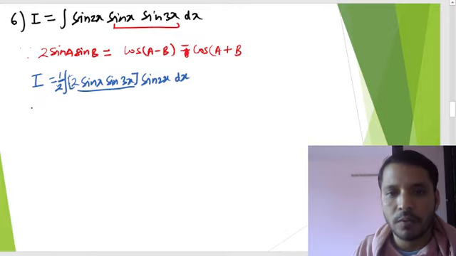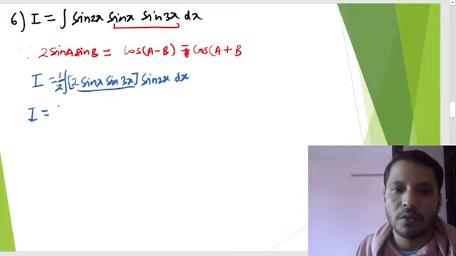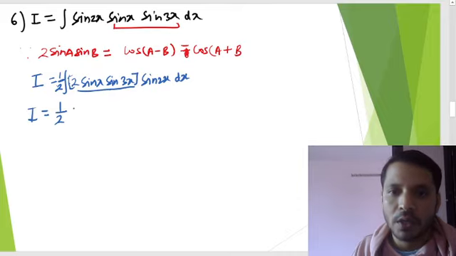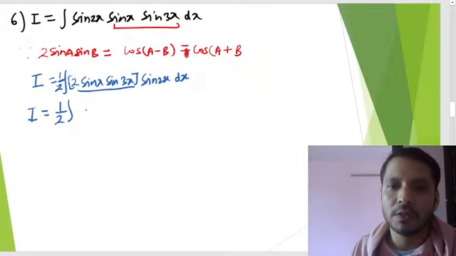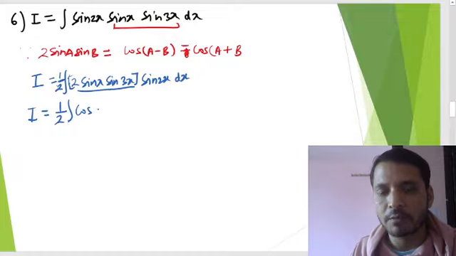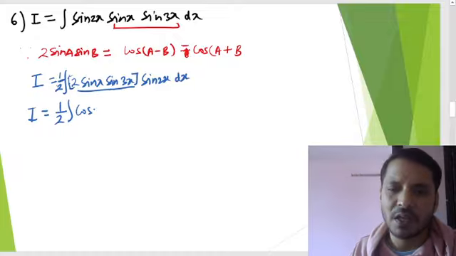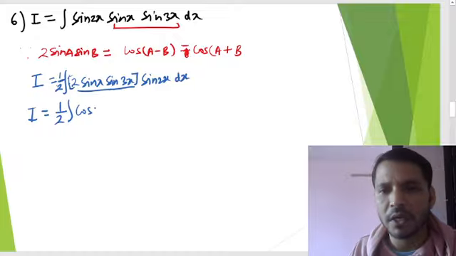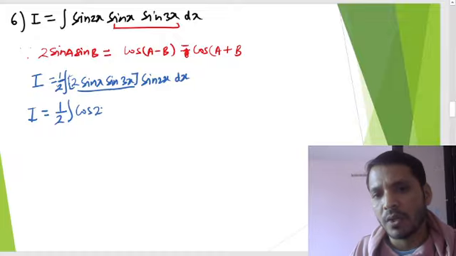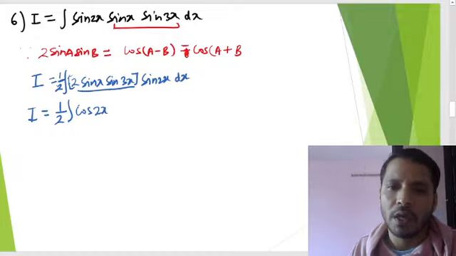So here I will become, finally, I is equal to 1 by 2 as it is, integration of cos(a minus b), that means it is cos(x minus 3x), that means minus 2x, and in the case of cos, minus or plus are the same, so we are writing cos 2x. And then minus, what?